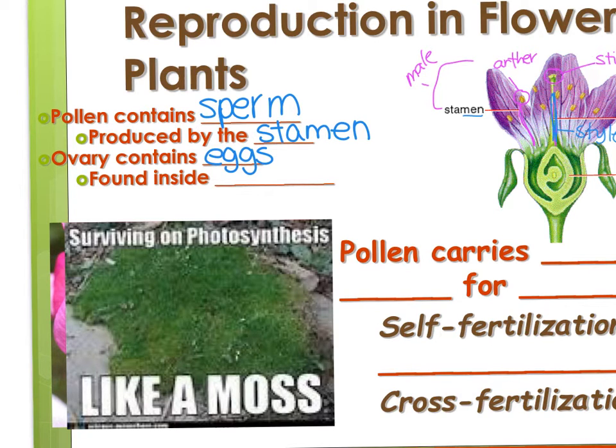And the ovary is contained in the flower of the plant for protective reasons. We've said before, how many of you enjoy eating apples? Those are the ripened ovary of an apple tree. Their eggs are now little embryos inside, and those are the seeds.